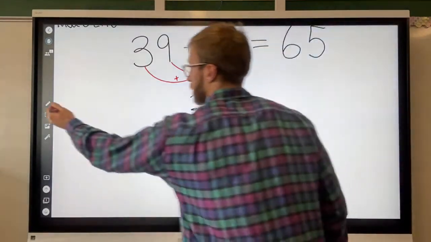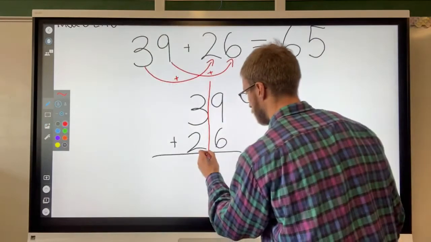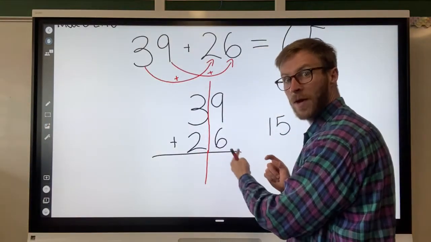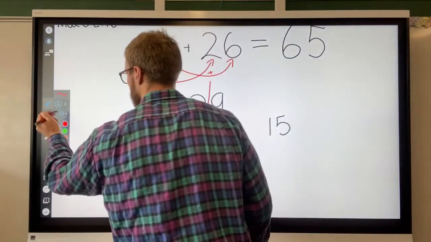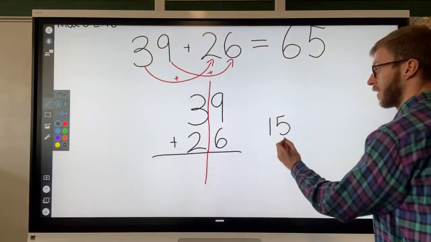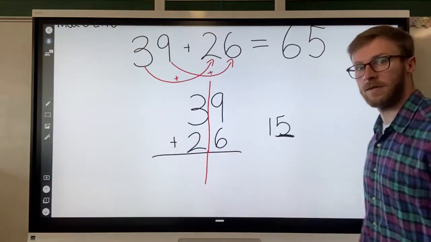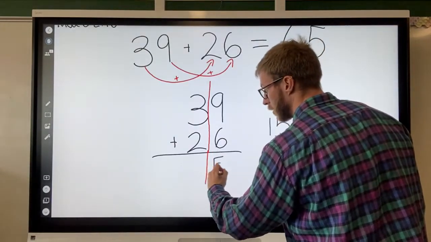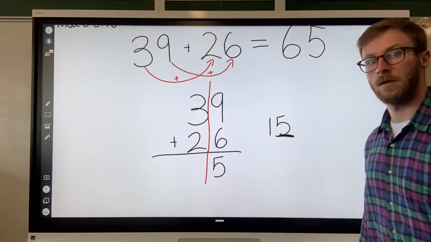I'm going to actually extend this line because I cannot have any 10s over here. This is only my 1s place. So what's my 1s place value in 15? That's 5. So my 5 1s go in the 1s place of my answer.